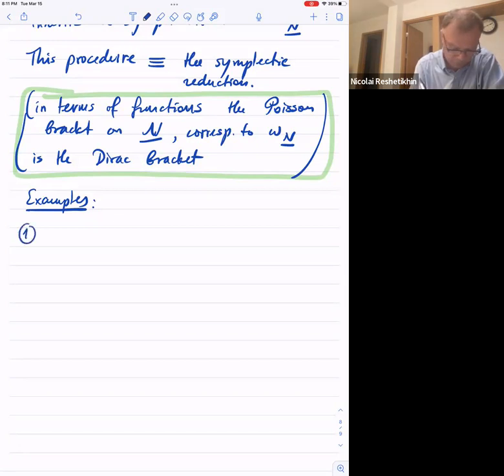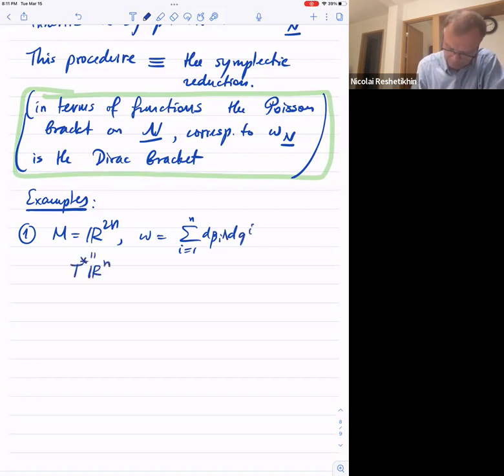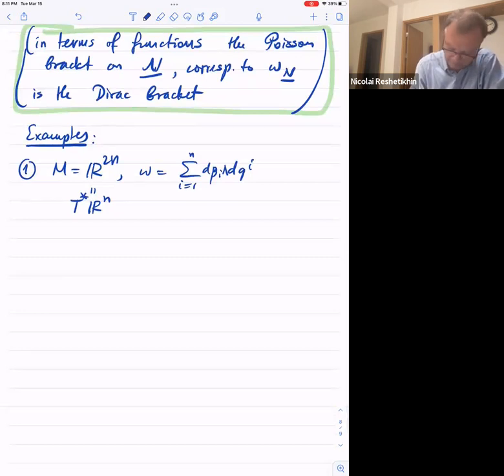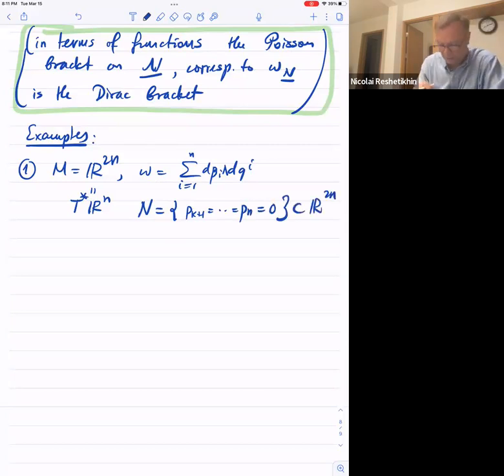And the first example is when M is R^2n with the standard symplectic form, meaning that this R^2n is just the cotangent bundle to R^n. Let's say that N is exactly the one that we considered before. As an example, we consider the submanifold where all momenta starting from k plus 1 are 0.